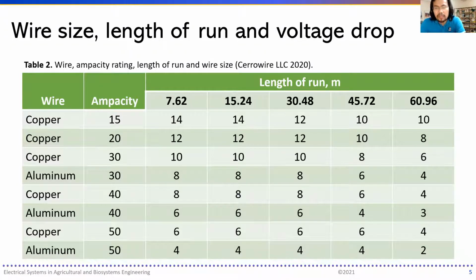This could cause lights to dim, a brownout in the motors, or appliances with shortened life. To avoid excessive voltage drop, it is important to select a wire size that will minimize voltage drop, and to know the length of the wire run and the load, and this is where this table comes in.